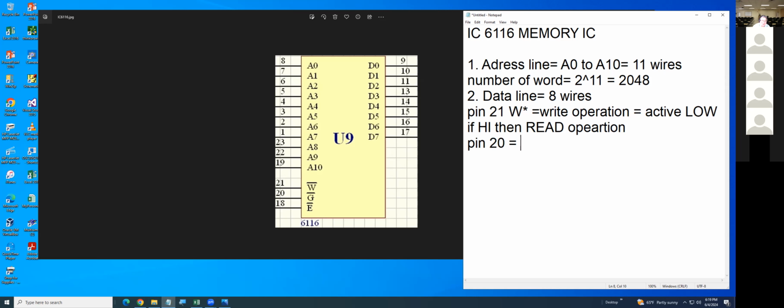I can tell you, output enable. That means pin 20 equal to 0 allows output coming out.